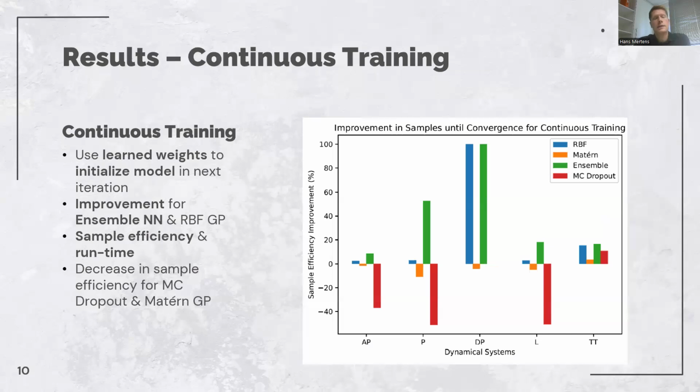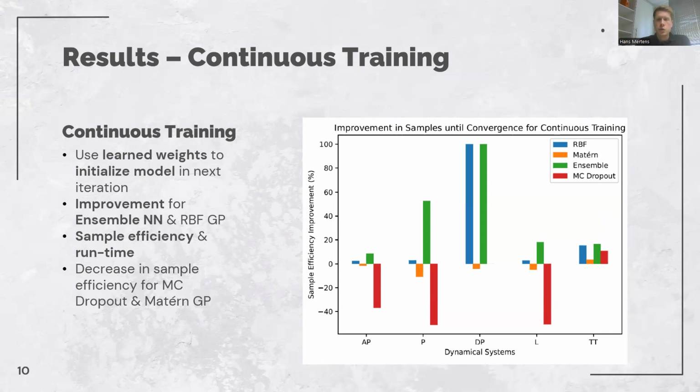A training mechanism we've investigated is what we call continuous training, where instead of initializing the model with random or default weights, we've used the learned parameters of the previous iteration. So for a Gaussian process, we would initialize the model with the length scale that was trained in the previous iteration. And for a neural network, it would be the weights and biases of our neural networks.